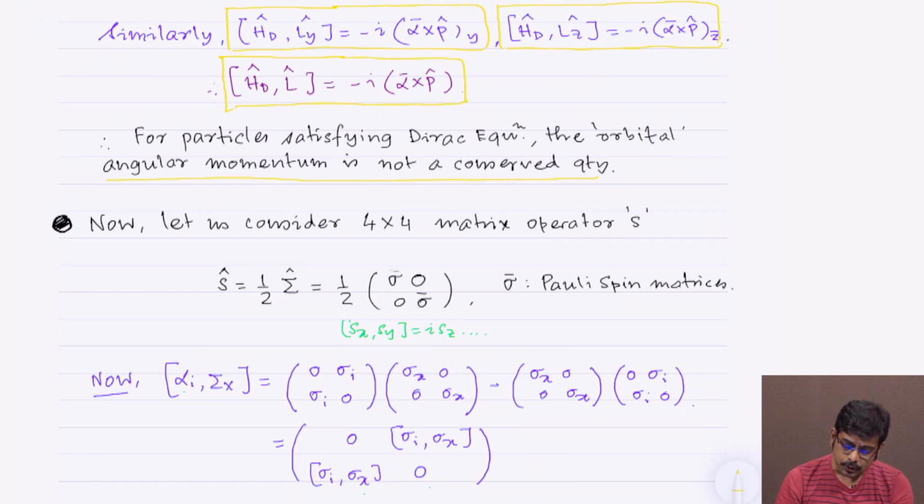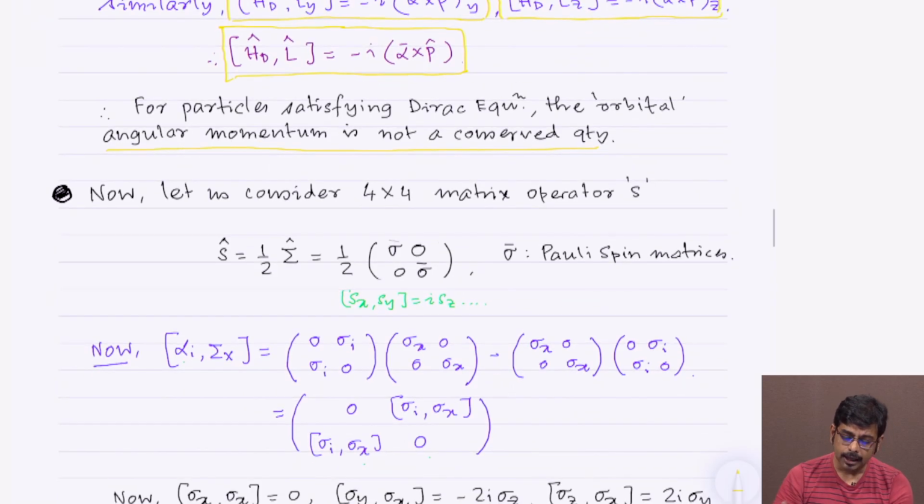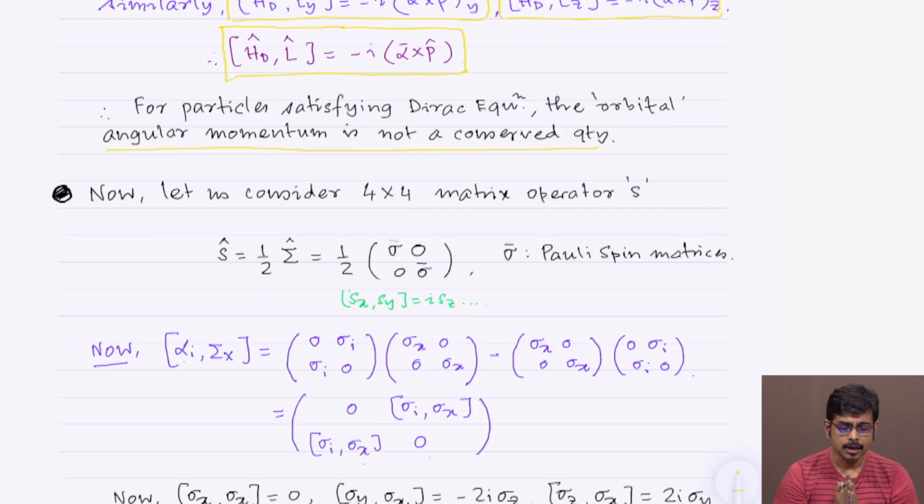However, here, because the spin operator has to work on the Dirac spinors, which are 4 component spinors, we have to construct an intrinsic angular momentum matrix, or spin matrix, which has 4 cross 4 dimension.